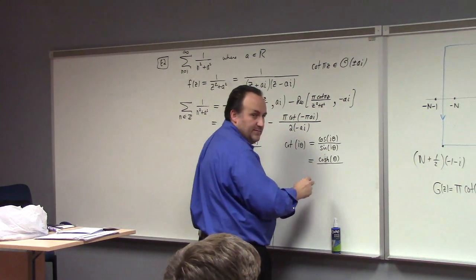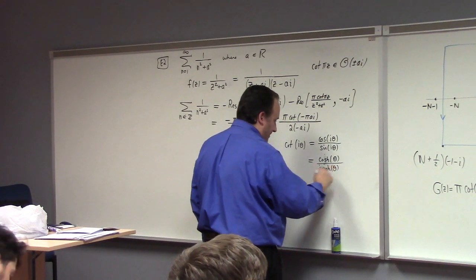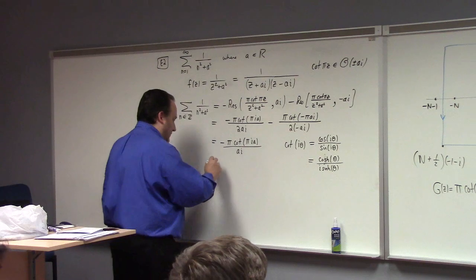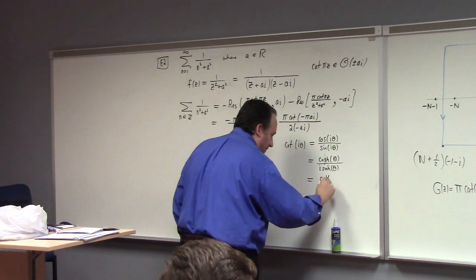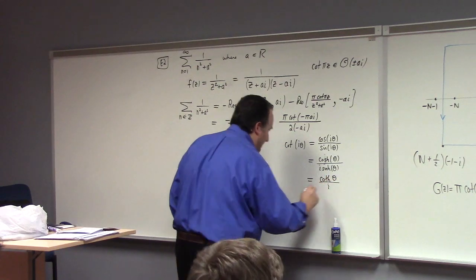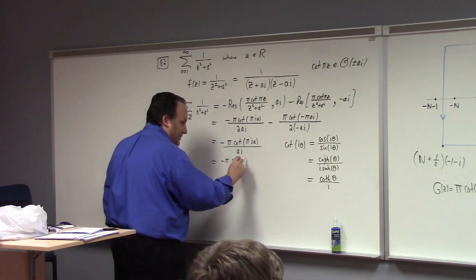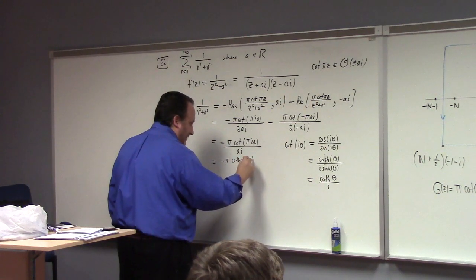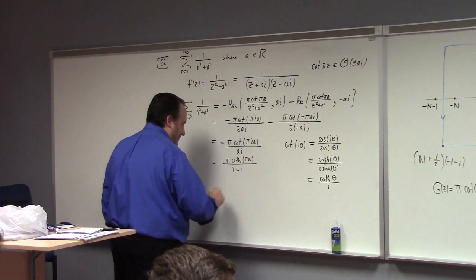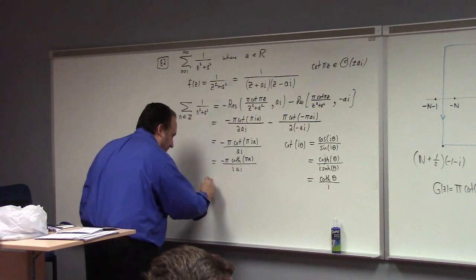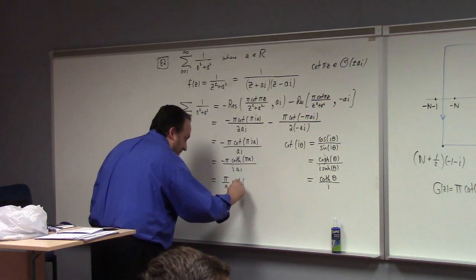And this is i sinh theta, right? So, in other words, it's coth of theta divided by i. And so you got minus pi coth of pi a divided by i times ai. i squared is minus 1, so you got yourself a pi over a hyperbolic cotangent of pi a.